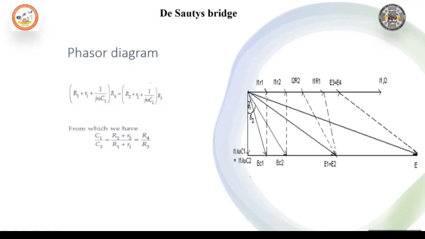So E1 is equal to E2, and E3 is equal to E4. When these components are added, you get the resultant voltage E. This is how the phasor diagram of de Sauty's bridge is drawn.